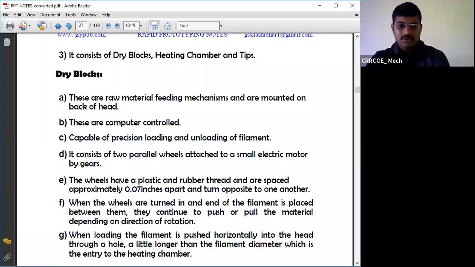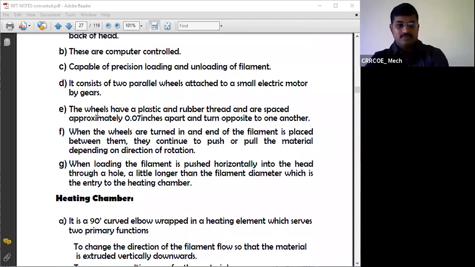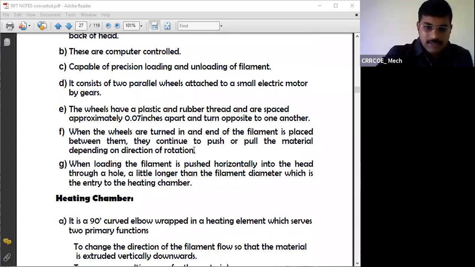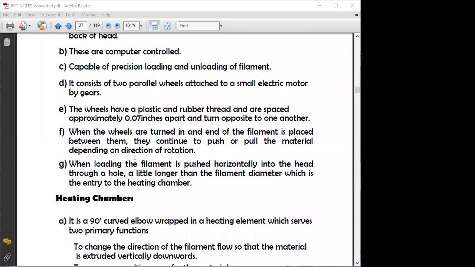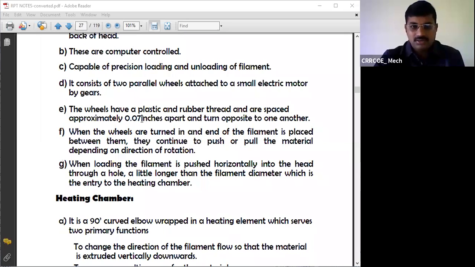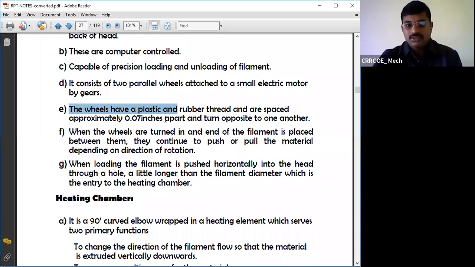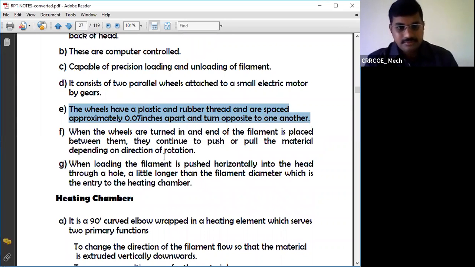These are computer controlled, capable of precision loading and unloading of the filament, for the material handling. These wheels have a plastic and rubber thread approximately 0.07 inches apart, turning opposite to one another. They have given the dimensions also, so go through it.